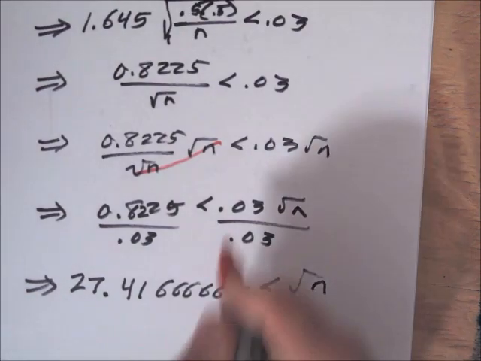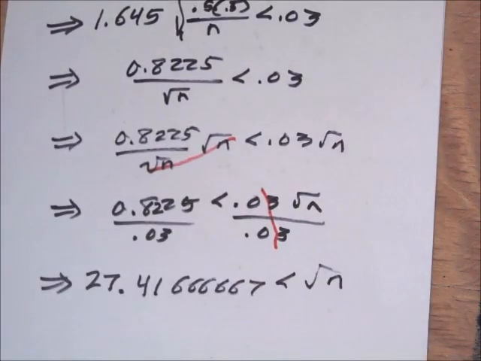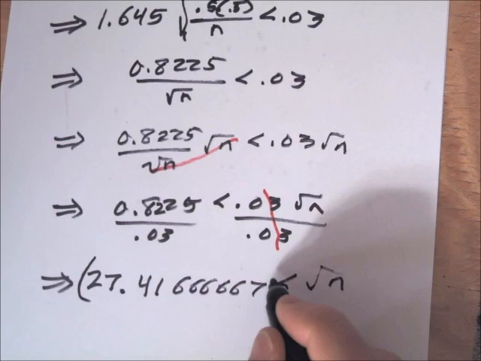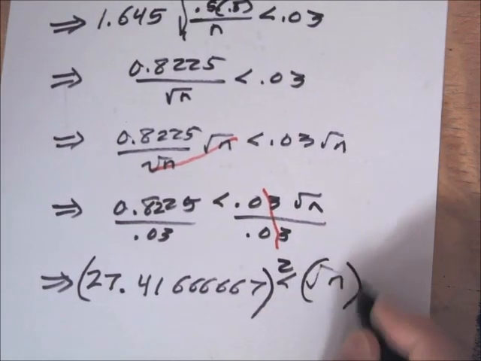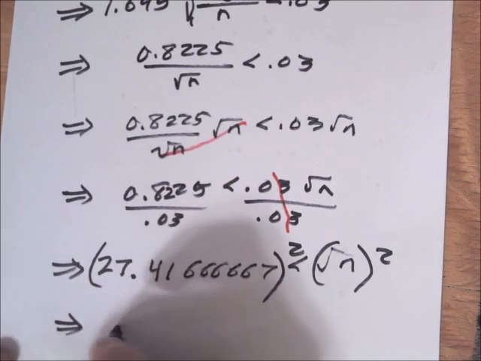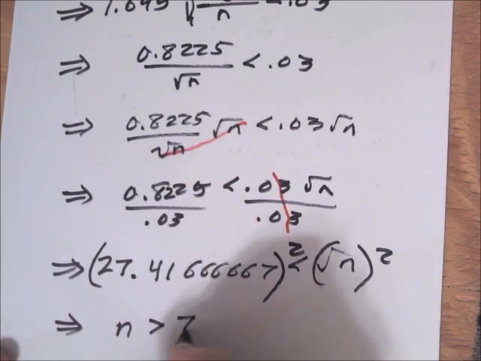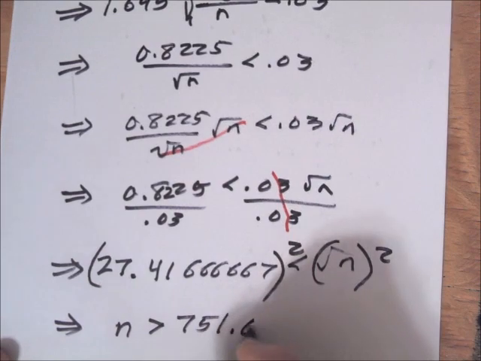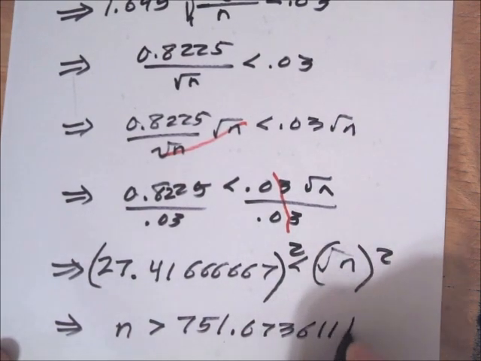Then square both sides to get n by itself, to get rid of the square root. I get 751.6736111, so n is going to be greater than 751.6736111.